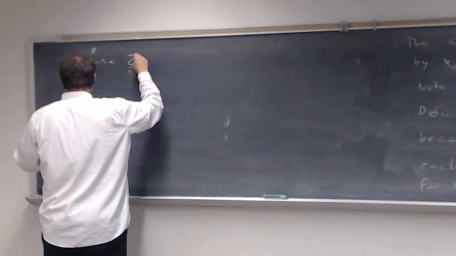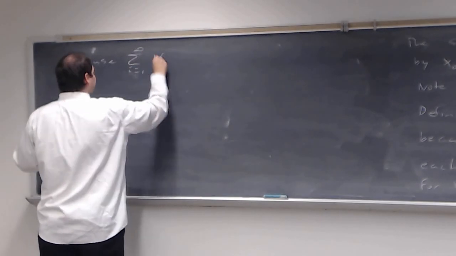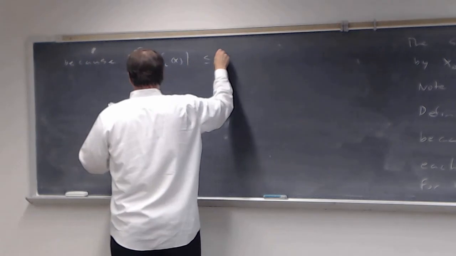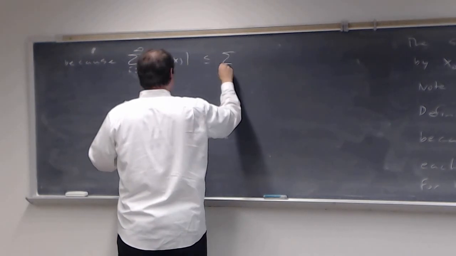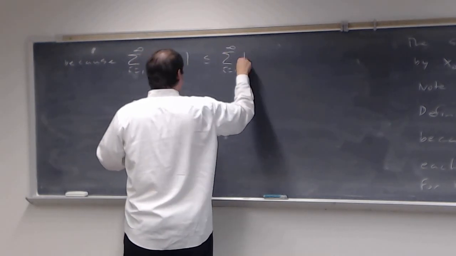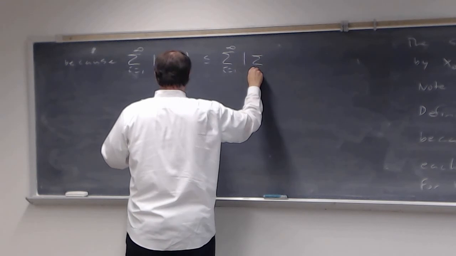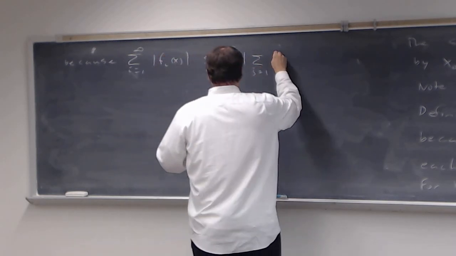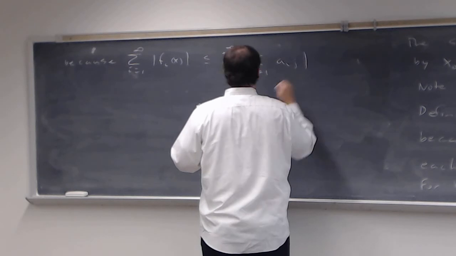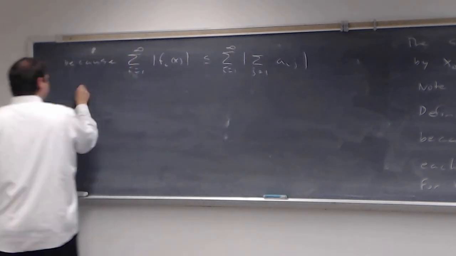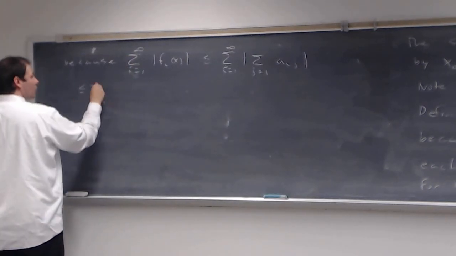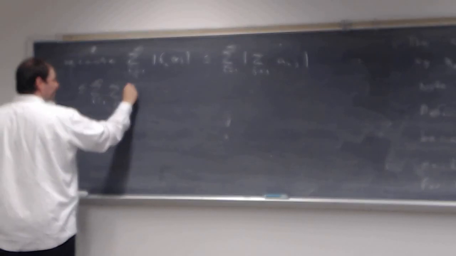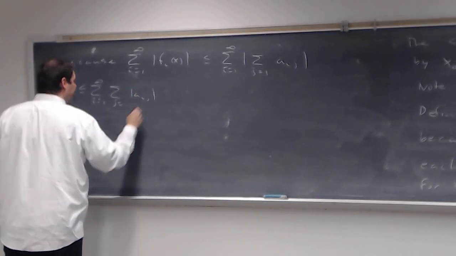The sum as i runs from 1 to infinity of the absolute value of f sub i of x is going to be less than or equal to the sum as i runs from 1 to infinity of the absolute value of the sum as j runs from 1 to whatever, depends on the x here, of a sub ij, which is less than or equal to the sum as i runs from 1 to infinity of the sum as j runs from 1 to whatever of the a sub ij.